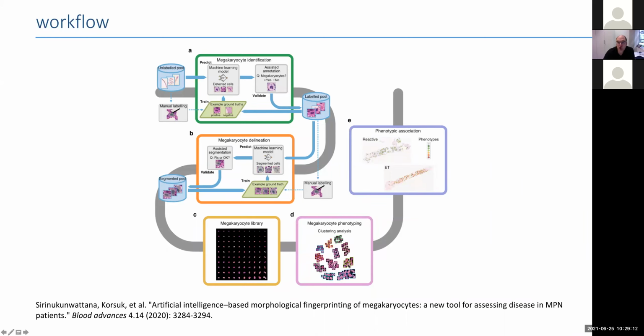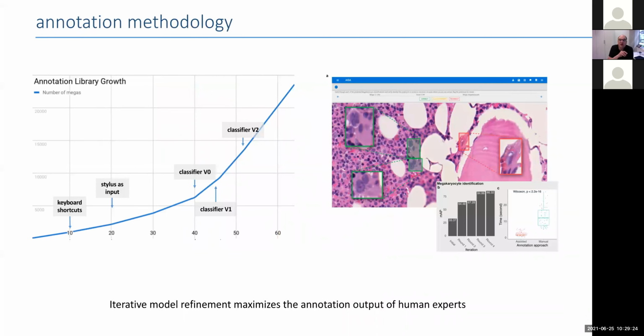And using these identified clusters, we now go back and we sort of annotate the slides and we look at different disease states. So the point I wanted to make is that, first of all, the annotation of these slides, if you really want to gain high throughput, needs a little bit of thought. So just drawing around the cells is very slow. This is what you see at the right.